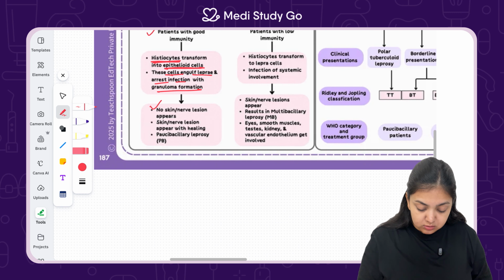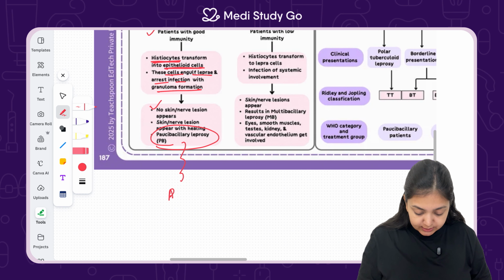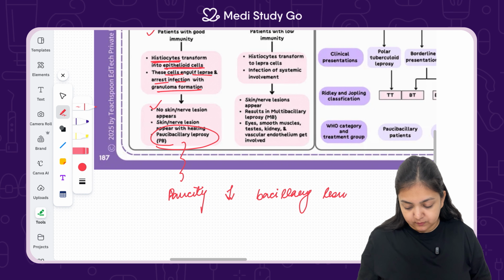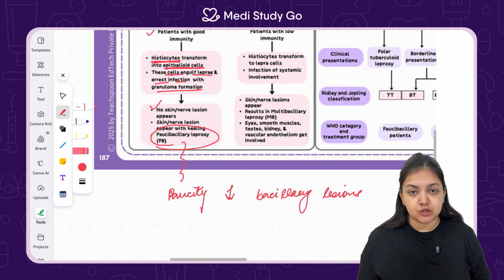This is also termed Paucibacillary Leprosy, wherein there is paucity, that is, a smaller number of bacillary lesions. Paucity means less, so paucibacillary means fewer bacilli, which lead to fewer lesions.